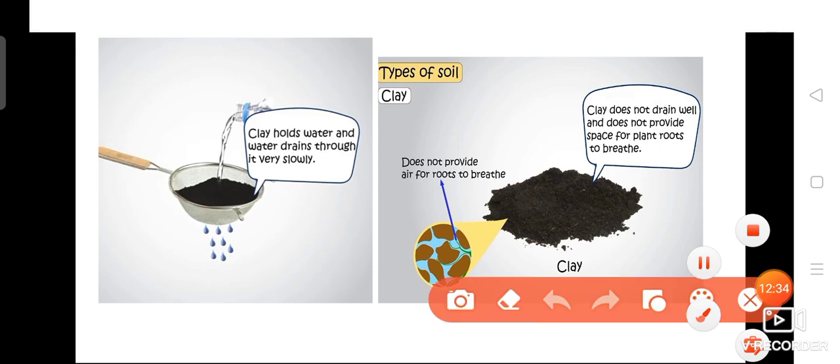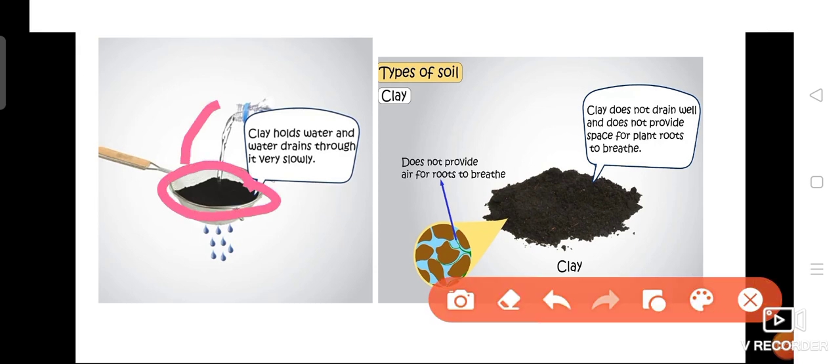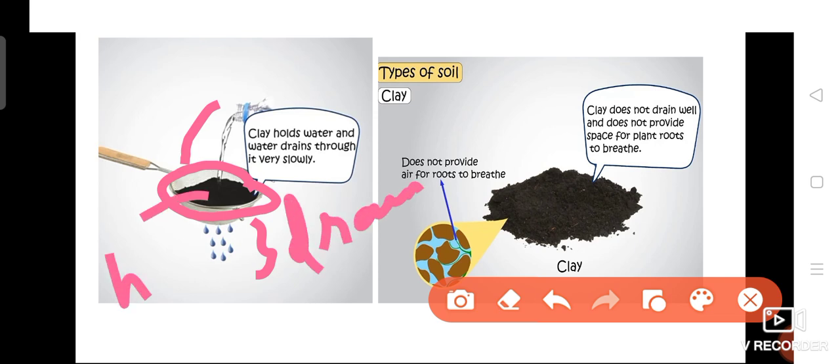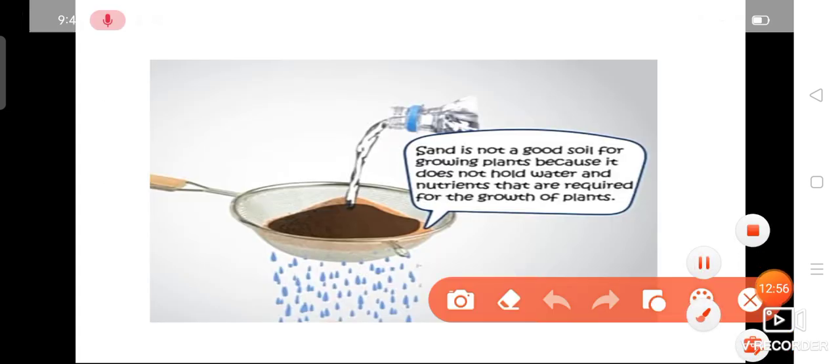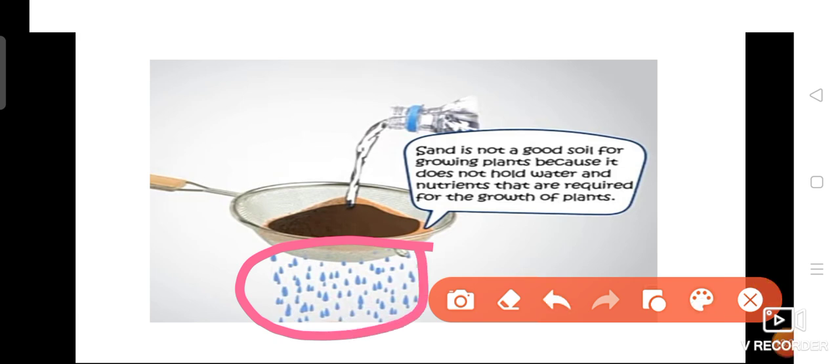Here you are pouring the water, and clay soil has the capacity to hold the water, so only a small amount of water is coming out. This is the draining. Here more water is held by the soil. Have you understood? But when you see the sandy soil, more water is draining out.